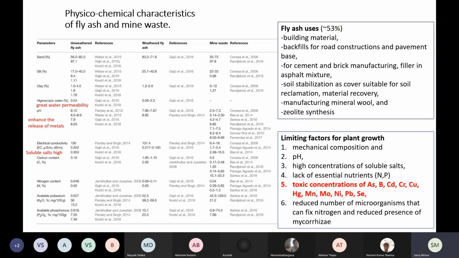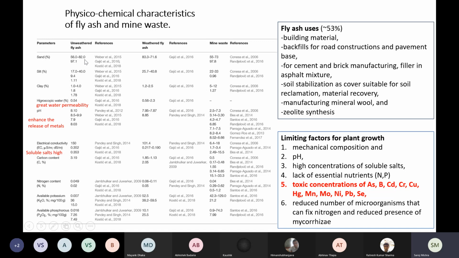Okay, when I give you the reference of the paper, you will see that about 53% of the fly ash can at least be put to different types of uses. Now, before we look at anything else, just a little bit of science. When you look at the physico-chemical characteristics of fly ash, of course you saw what it looks like, it contains, for example, sand, 56 to 82%.